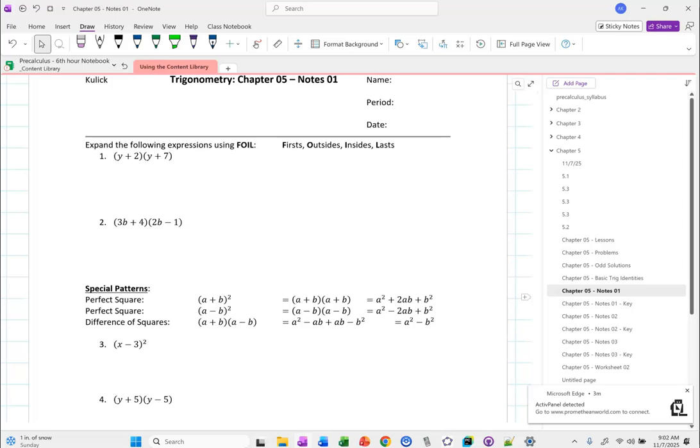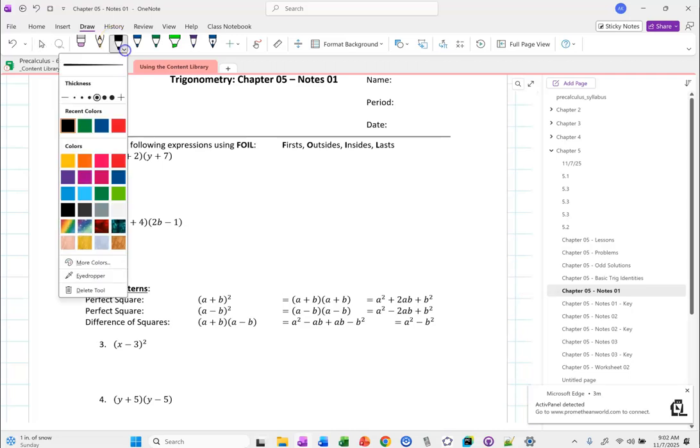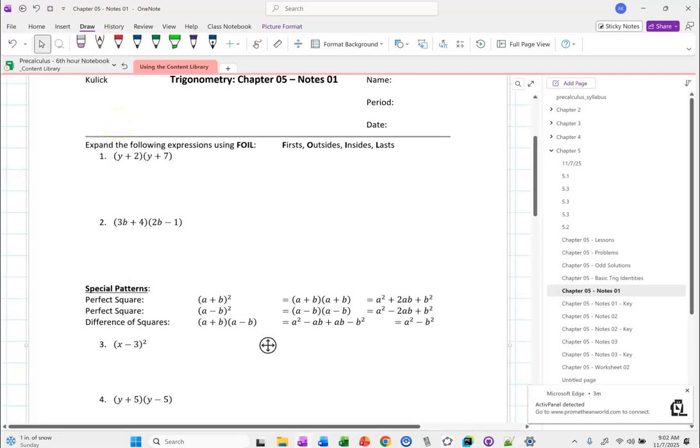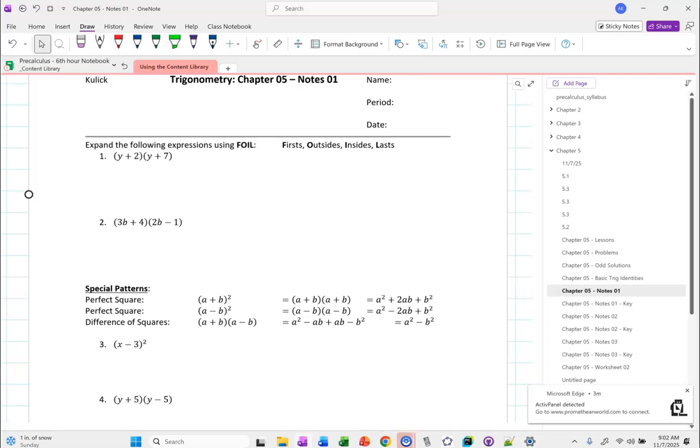All right, so who wants to help me here? We have y plus 2 times y plus 7, and we want to FOIL that out. FOIL stands for first, outer, inner, last. When I multiply the firsts together, what do we get? Y squared. And then outer is 7y.